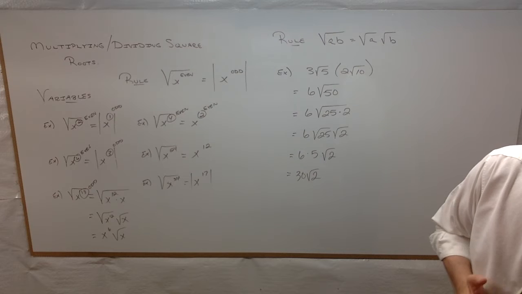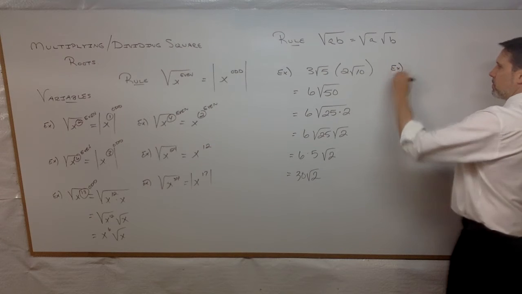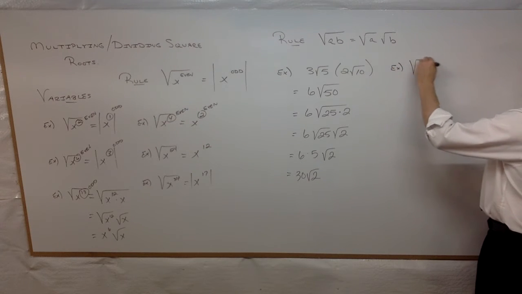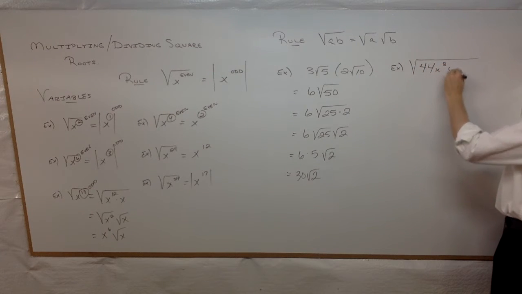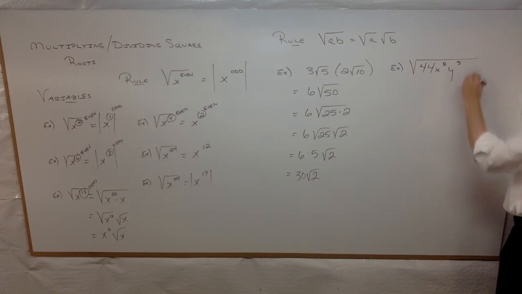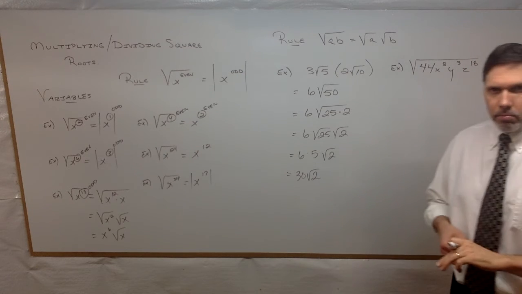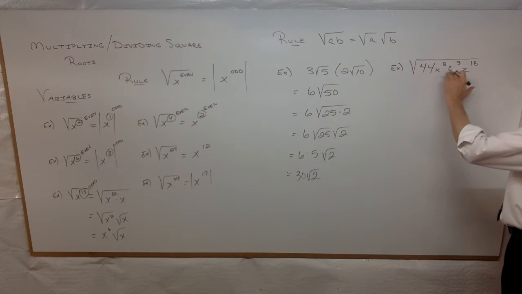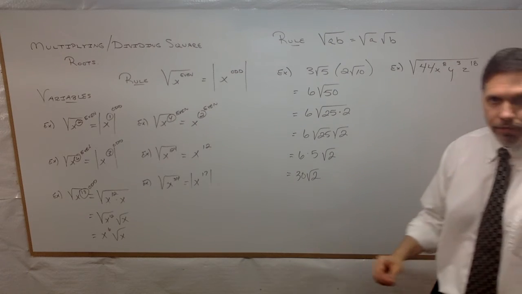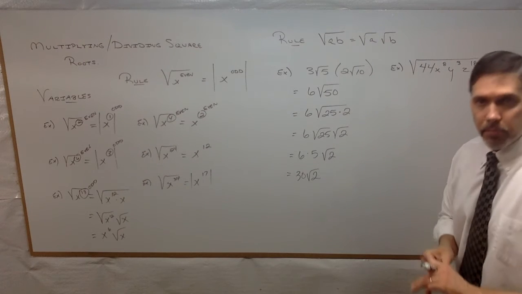Okay, why don't we take something like the second one here. Let's say we had the square root of 44x to the 8th, y to the 3rd, and let's throw in z to the 18th. Problems like this tend to intimidate students because this monomial, 44x to the 8th, y to the 3rd, z to the 18th, is bad enough, and then throwing a square root on top of that, making this the radicand, it just seems incomprehensible sometimes.